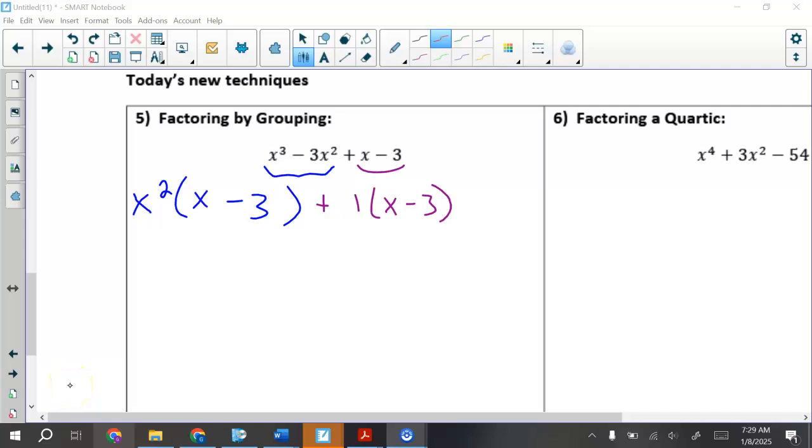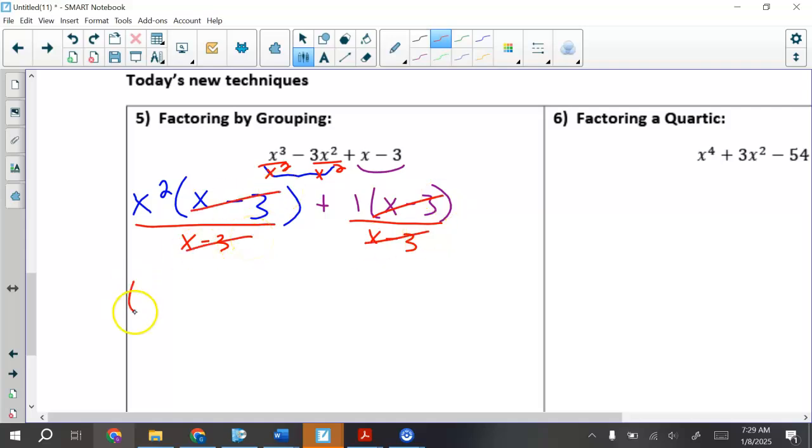Okay, so now kind of the same idea as how we knew to take an x squared out up here because it was in both of them. We're going to do that same technique right here. What can we take out of both of these and pull to the front? So if you notice, both of them have that x minus 3. So we can pull that out of both of them, and when we do that, that means we're putting it out front.